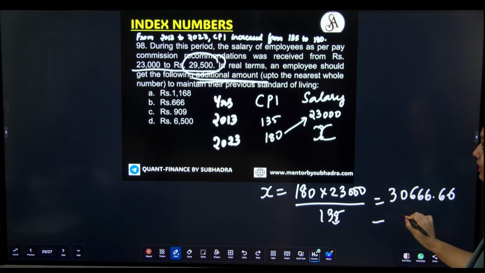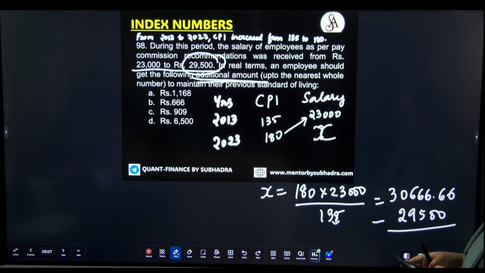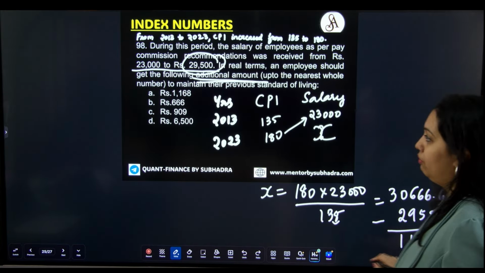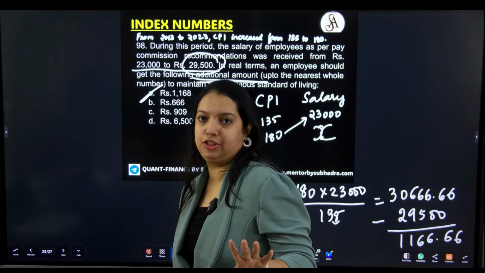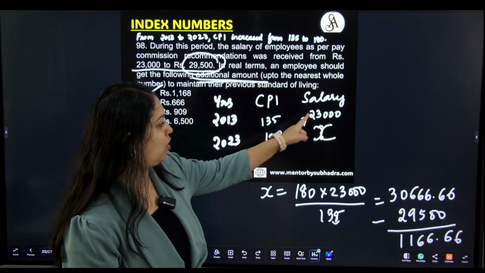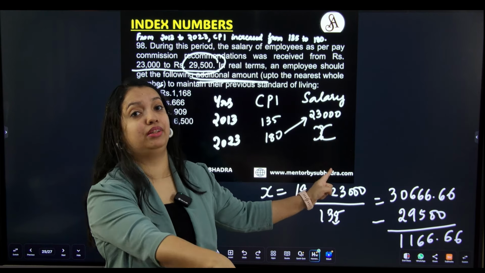From this, you subtract the actual salary received, minus 29,500, you're going to get 1,166.66, which is approximately equal to option A. So any CPI question, you can solve it using this cross multiplication technique. You are going to get the actual salary that should have been there.